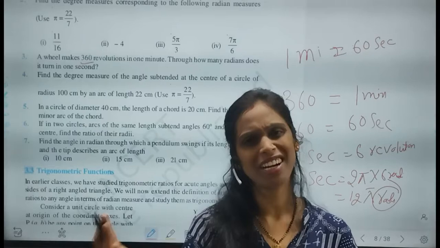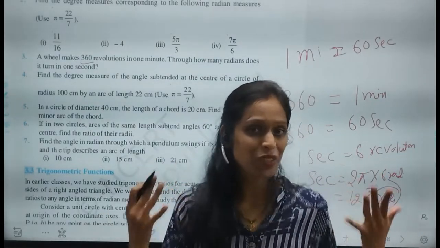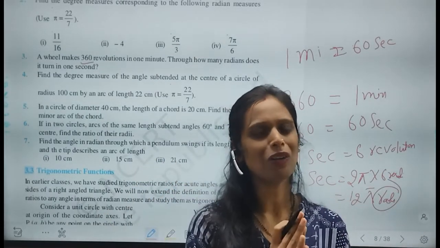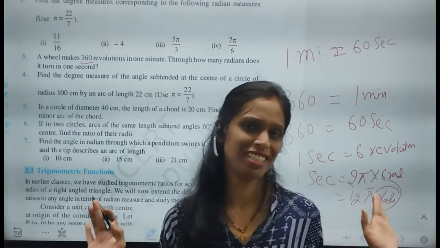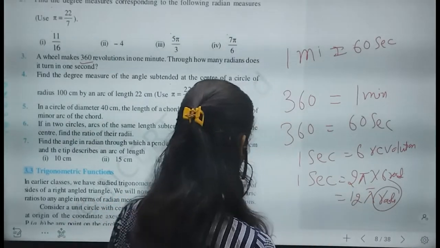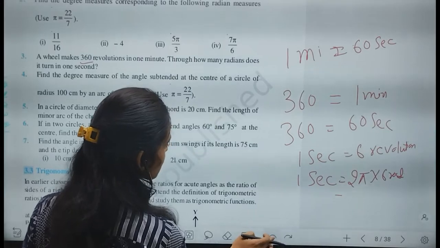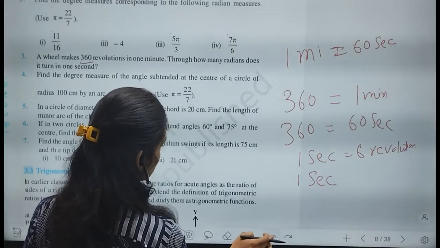This is the way to find it. This is very easy, and if you practice more, you will find this chapter is so easy. Now, let's come to our next question.